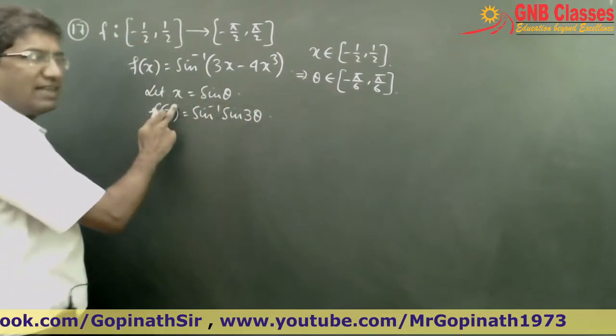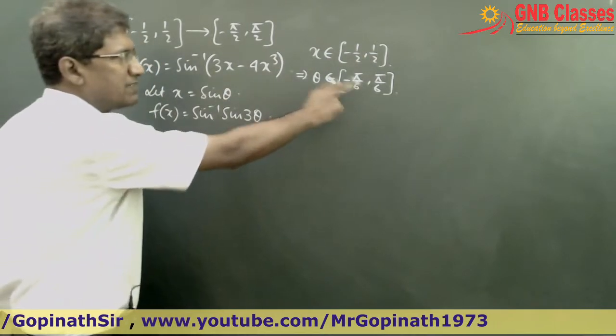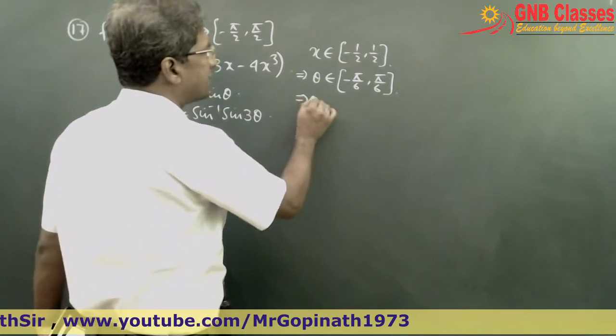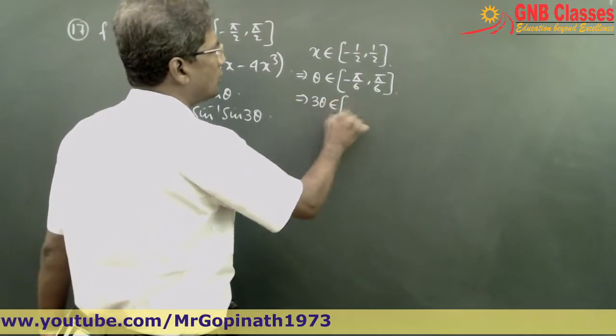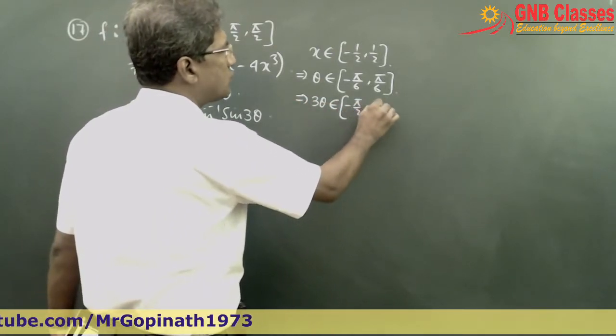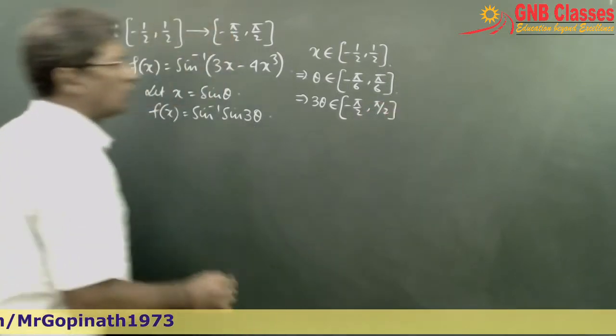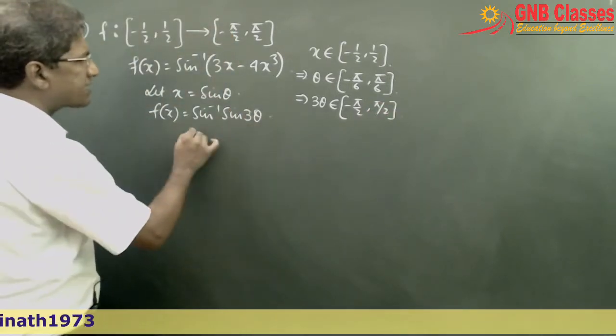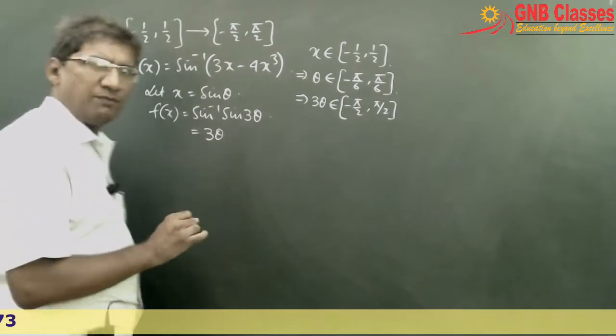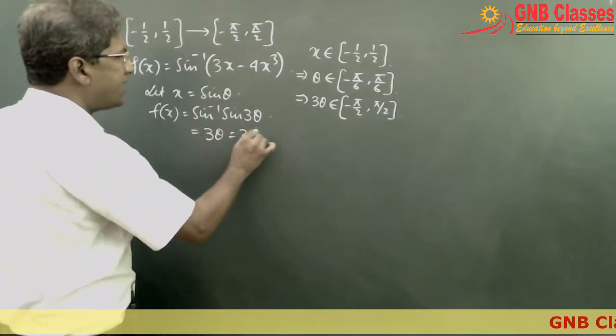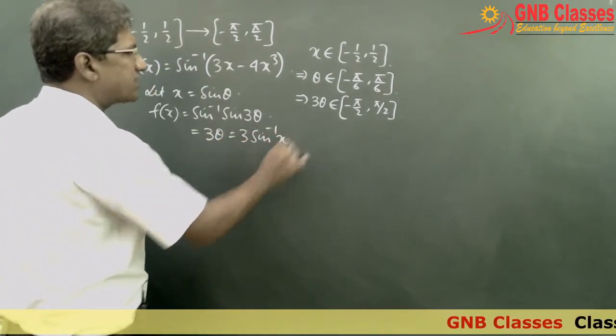Therefore, your theta will lie between minus pi by 6 to pi by 6. So that implies 3 theta belongs to minus pi by 2 to pi by 2. If it is so, then sine inverse sine 3 theta can be written as simply 3 theta, so 3 sine inverse x in this case.